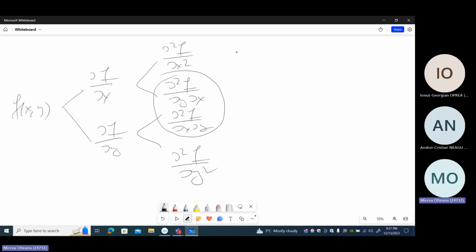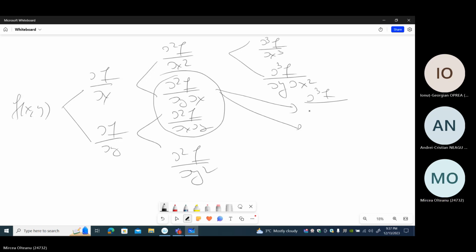And now let's continue. The third order partial derivatives. We differentiate this one with respect to x, and we can differentiate this one with respect to y. This one will give us other third order partial derivatives with respect to x. And attention, the order doesn't matter, so we can write it like this.